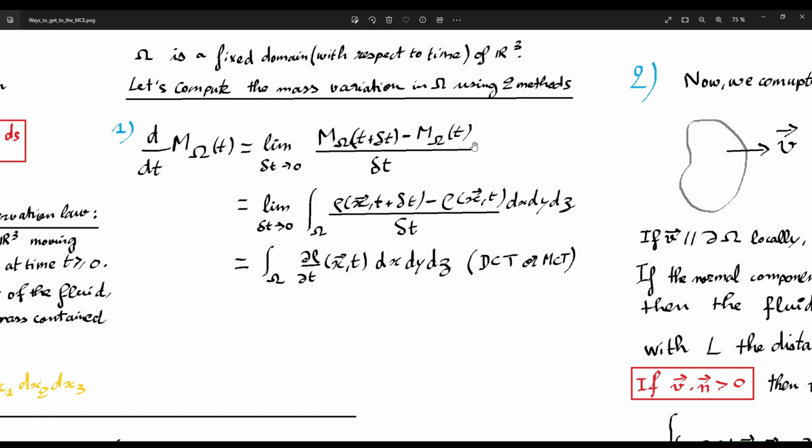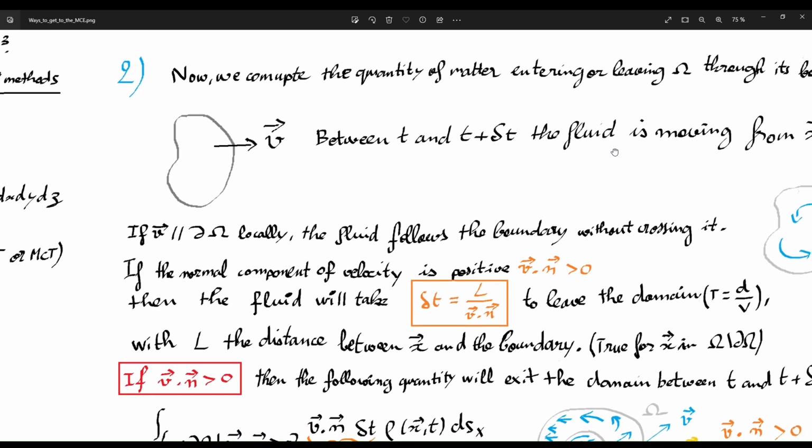We can insert the limit in the integral using the dominated convergence theorem, for instance. So we finally get the derivative of m omega at t with respect to time equal to the integral on omega of the partial derivative of rho with respect to time.